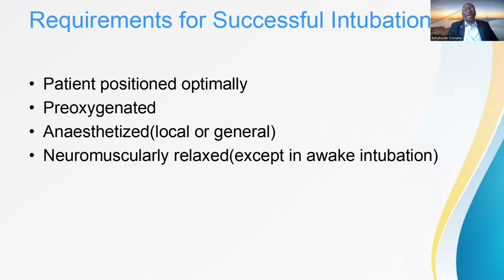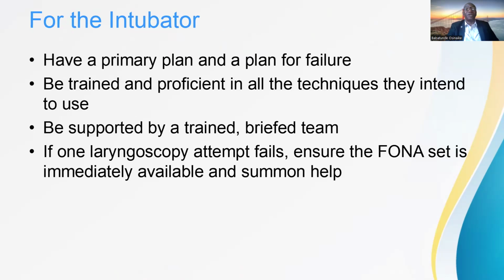You must anesthetize the patient, either local or general. If you are, for example, using fiber optic, you might just anesthetize the airway of the patient. Then the patient must be relaxed, except in awake intubation where you are not giving a muscle relaxant. These are factors that you want to consider to achieve a safe, successful intubation.